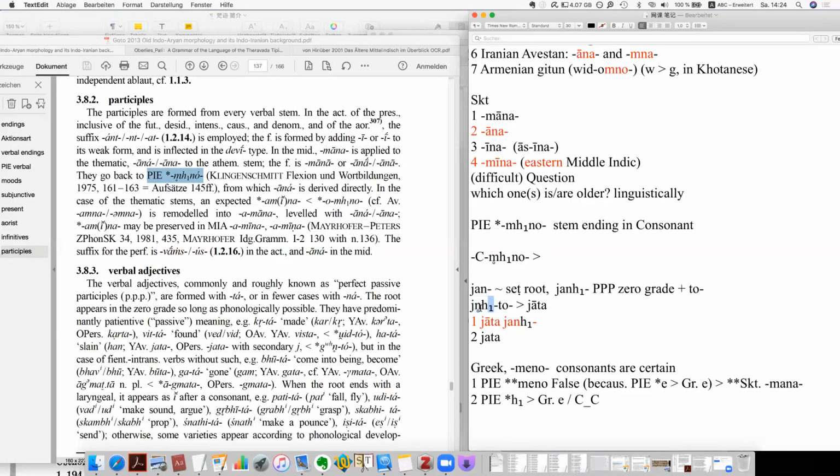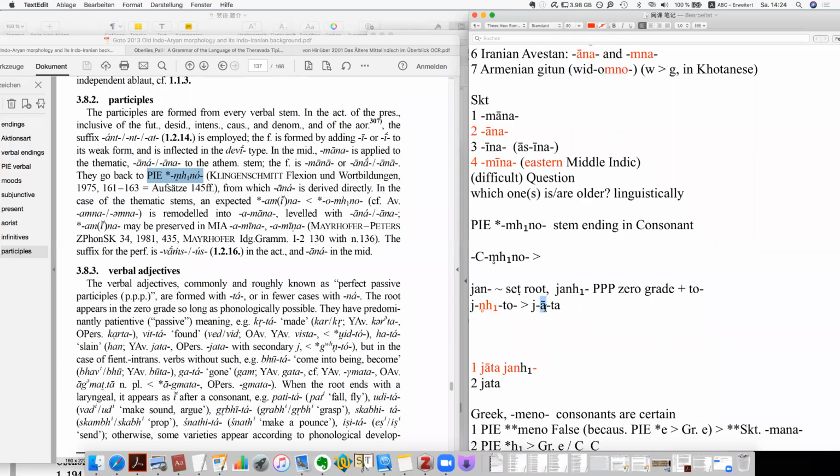These two things, plus a laryngeal, should become a long A. So I highlight these parts so that you may know.